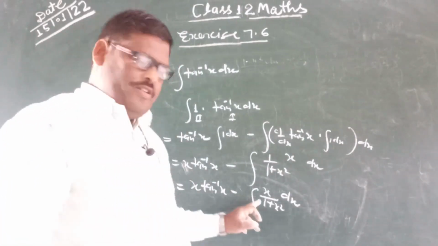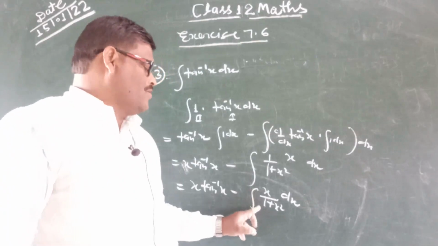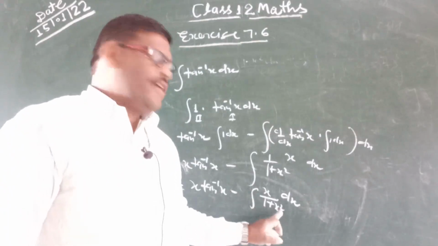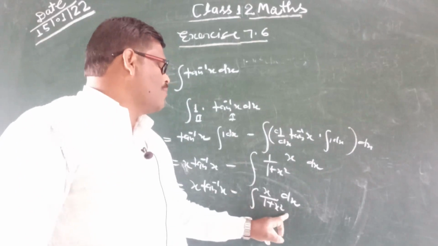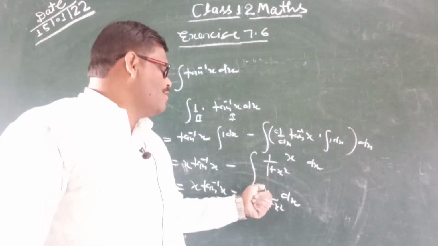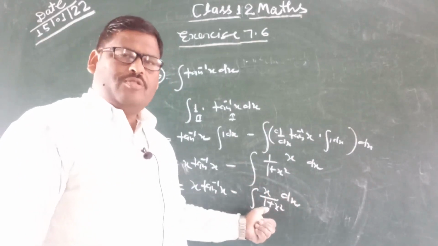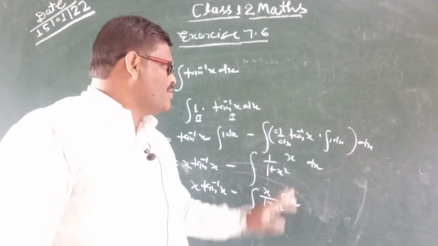So pay attention here, you can apply the substitution process. As you know, d/dx of 1 plus x square is 2x, which is related to x dx. Therefore, first of all, we suppose 1 plus x square equal to t.